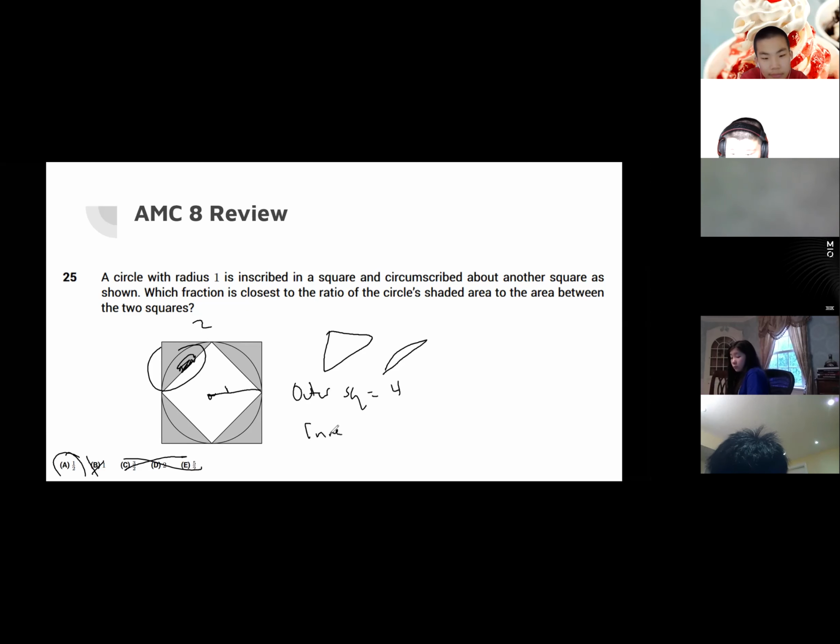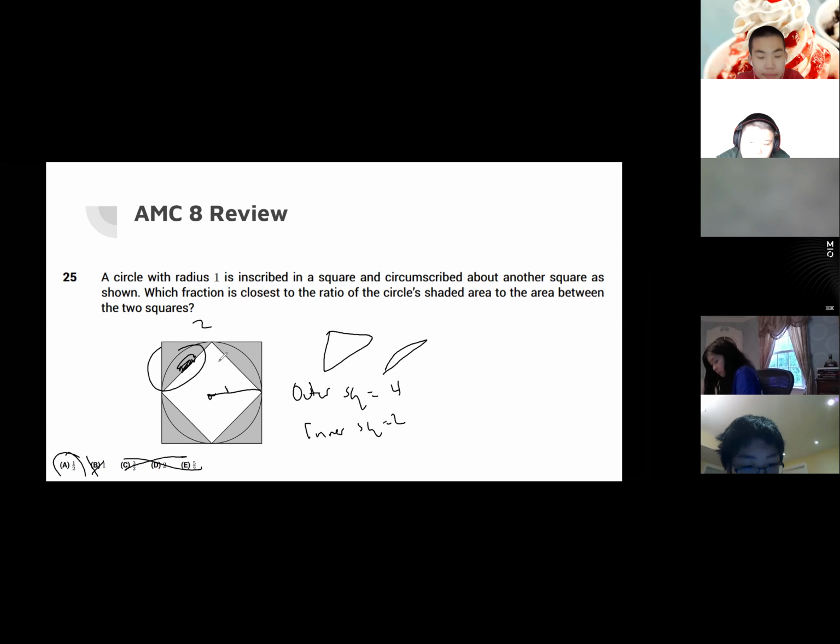The area of the inner square equals 2. You can think of this in a few ways. If you draw these lines, you can see that this is equal to this, this is equal to this, this is equal to this.